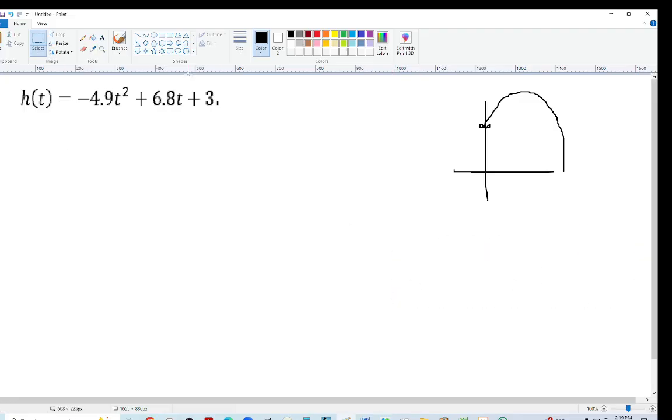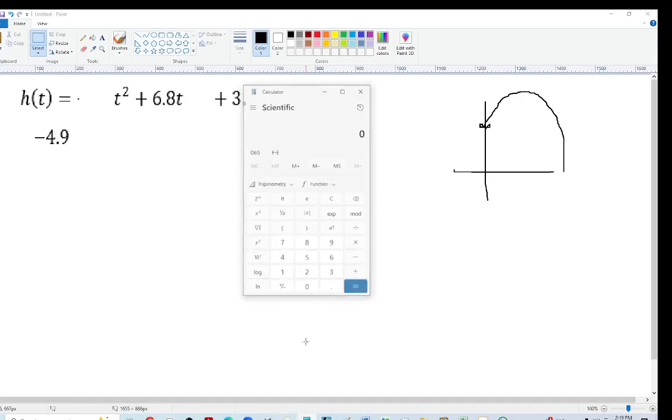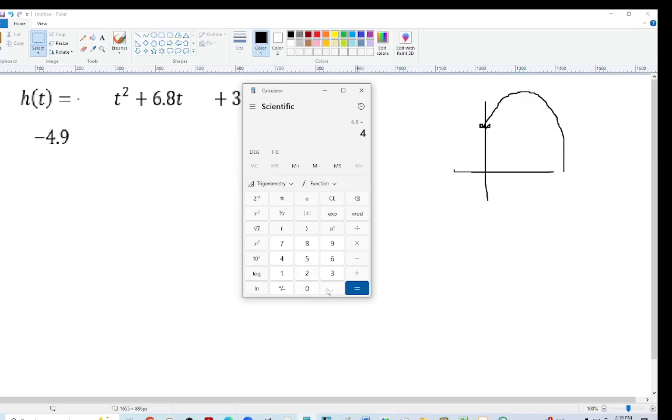So for that, you move the 3 aside. You factor this out. And to factor it out of 6.8, you got to take 6.8 and divide it. Remember that you're dividing by a negative number, though. And you get that.